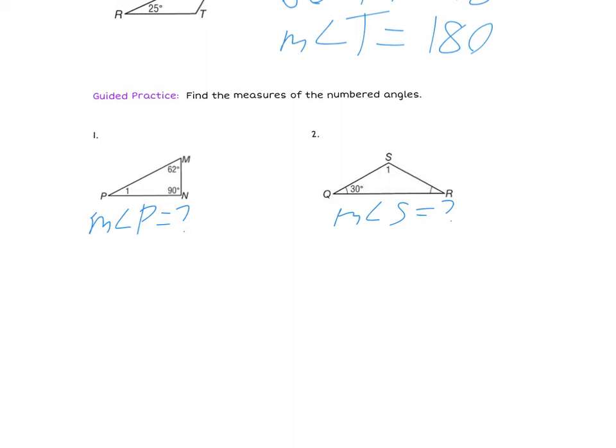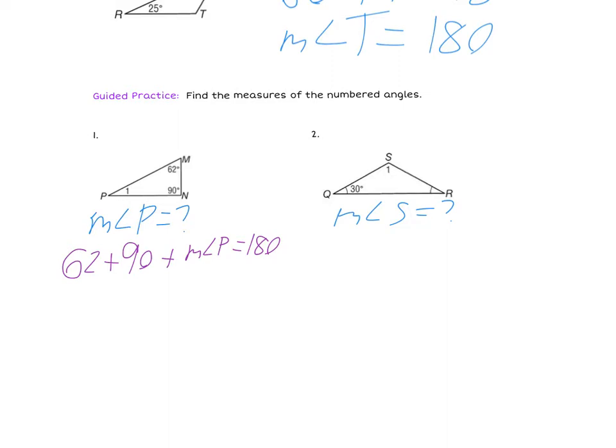For instance, in number 1, we know that 62 plus 90 plus the measurement of angle P must be equal to 180. Combine our like terms. And me personally, because I'm doing it mentally, I don't like 62 plus 90, so I'm going to do something slightly different.